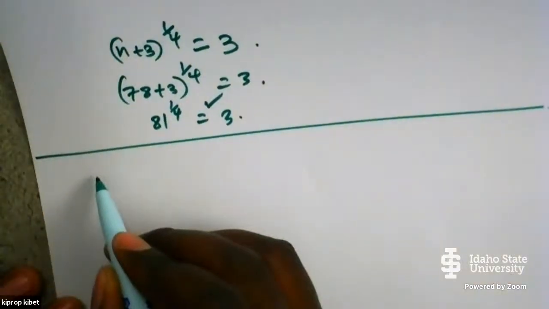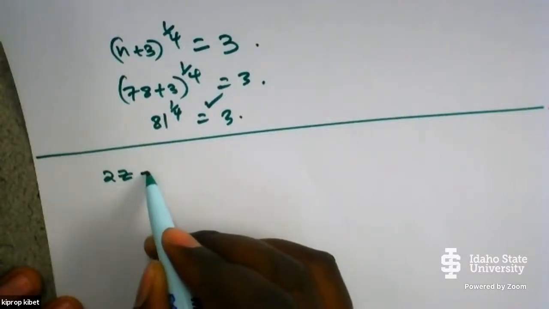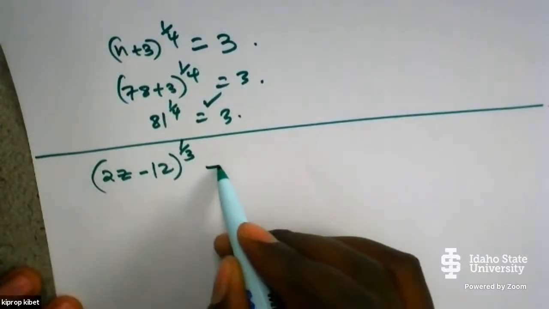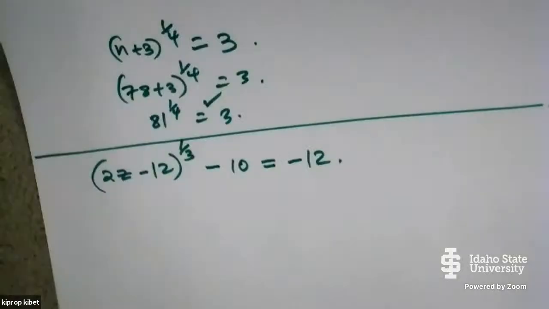Example number 2. 2z minus 12, all this raised to 1 over 3, minus 10 equals minus 12. Now, the first step was what? Isolate this one.